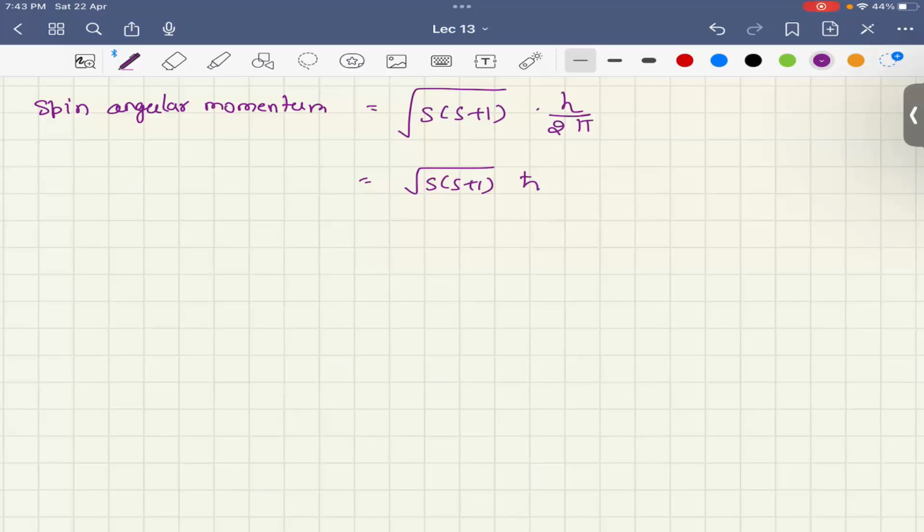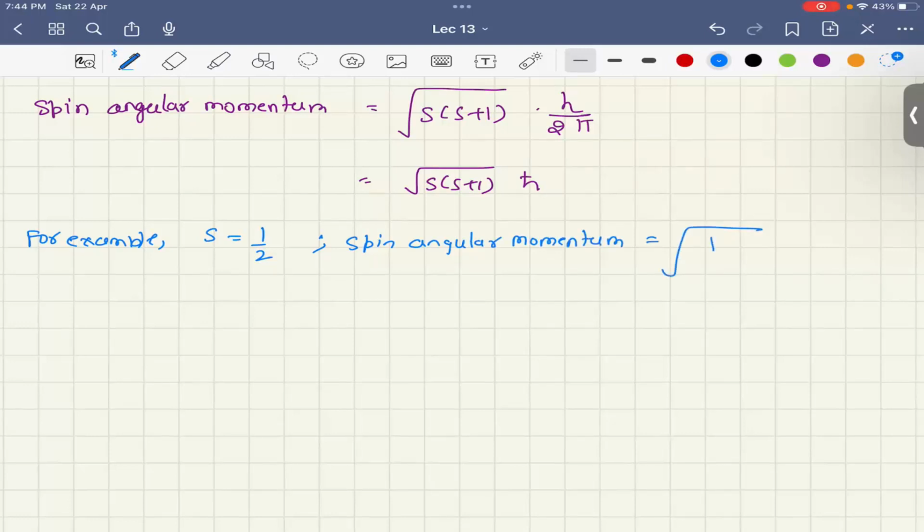For example, for a value of s equal to plus 1 by 2, the spin angular momentum is going to be square root of 1 by 2 multiplied by 1 by 2 plus 1 into h by 2 pi, which corresponds to root 3 by 4 h by pi, right?